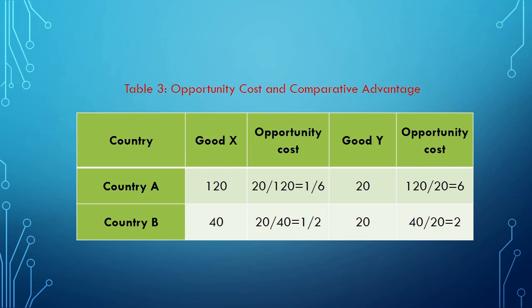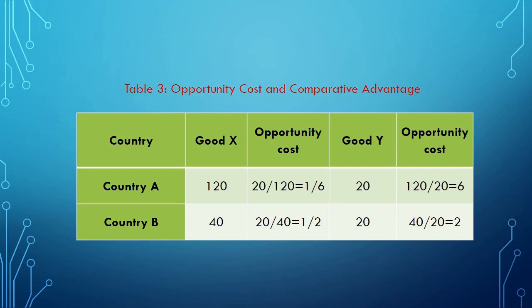Okay, the same thing, if country B wants to produce 1 unit of good Y, it needs to give up 2 units of good X. If country B wants to produce 1 unit of good Y, how many units of good X does it have to give up? You have to place the number of good Y on the bottom and the number of good X on the top.